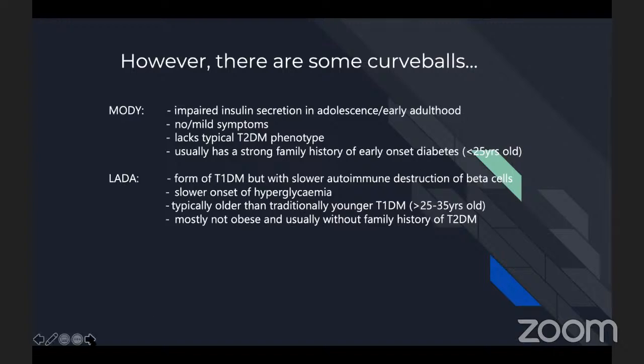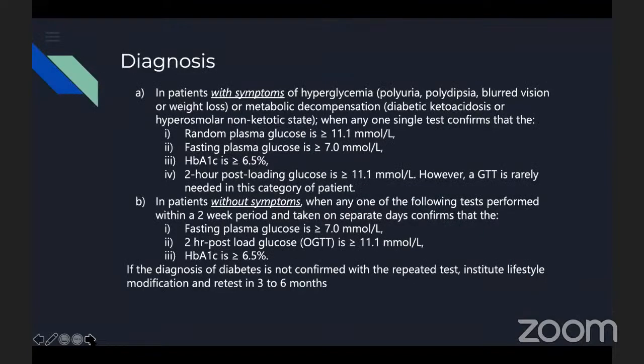Typically, these patients are older than your traditional type 1 diabetics who often present in their teens, and they are not obese. Generally, when you think of those who present with hyperglycemic disorders at an older age, you think they'd be accompanied by classic metabolic syndrome, the increased waist circumference, raised BMI. This group unfortunately does not have that. So it may throw you off in the beginning, but should you come up with something a bit odd, best to refer so that further workup can be done.